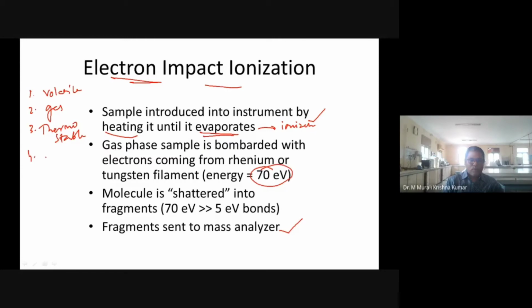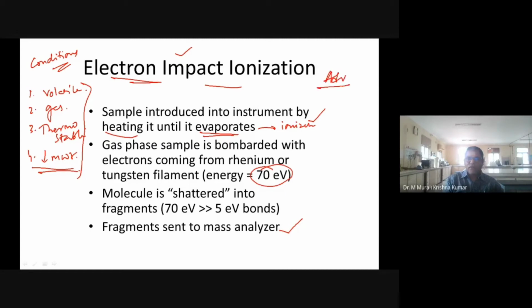Fourth one is probably low molecular weight sample. So these are the conditions. So the disadvantage is if the sample is non-volatile, if the sample cannot be converted to gas, if the sample is thermolabile, if the sample is high molecular weight, in all these cases, we will not be able to make use of electron impact ionization.